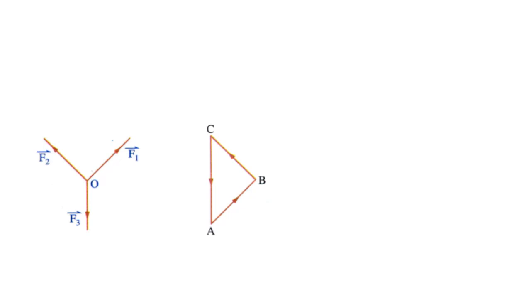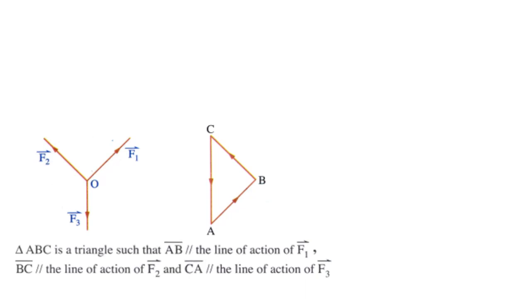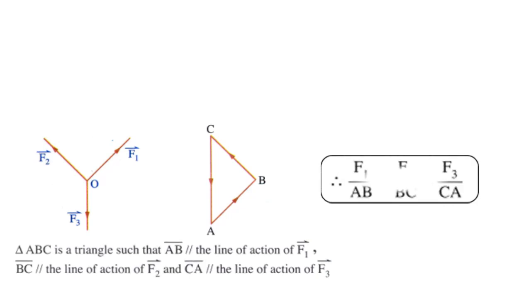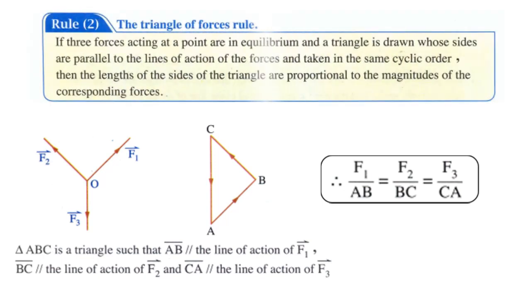F1 is parallel to AB, F2 is parallel to BC, and F3 is parallel to CA. We can see that this triangle is a triangle of forces, which means F1 over the length of side AB equals F2 over BC equals F3 over CA, and this is the triangle of forces rule.